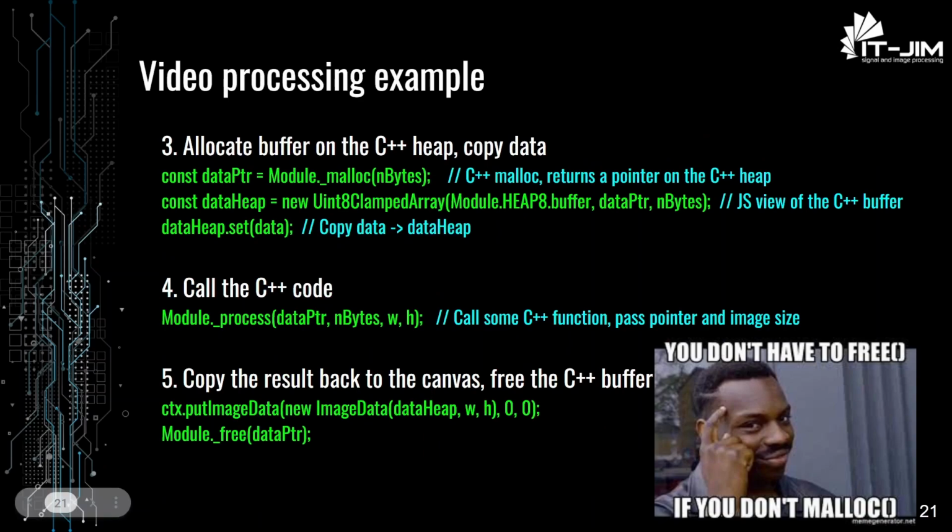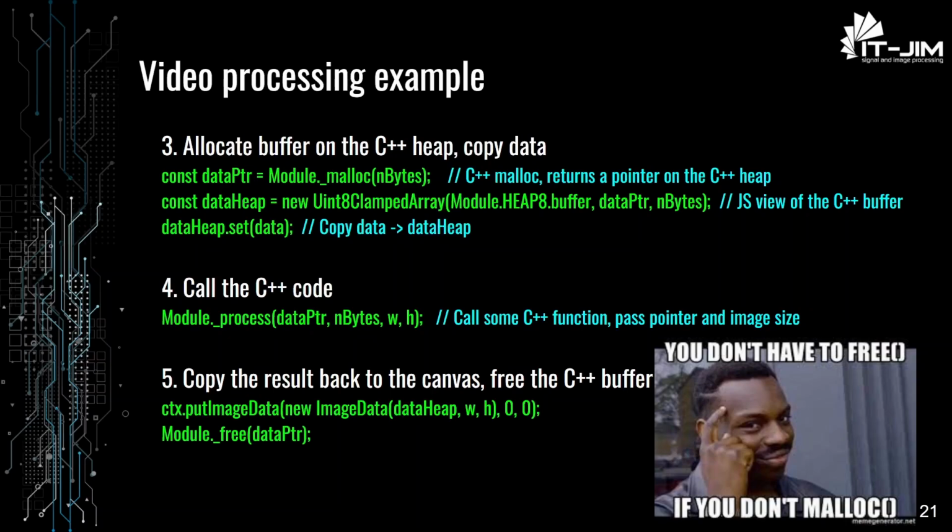Then you should look, C++ cannot access your JavaScript arrays directly. You have to allocate the buffer on the C++ heap using the cmalloc function, as you can see here, and copy all your data into that place where C++ can see it.